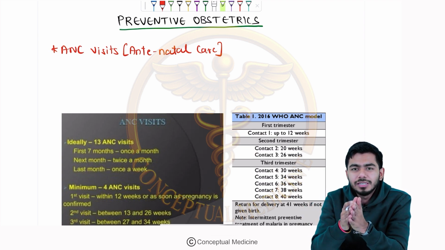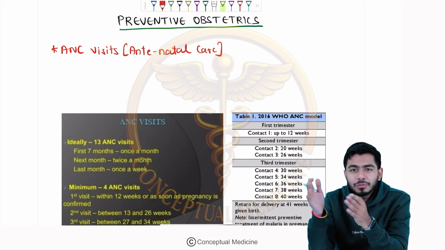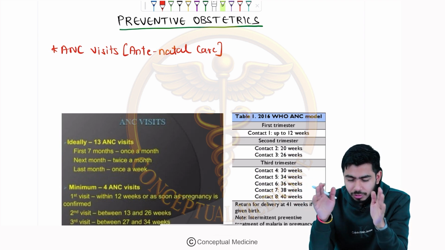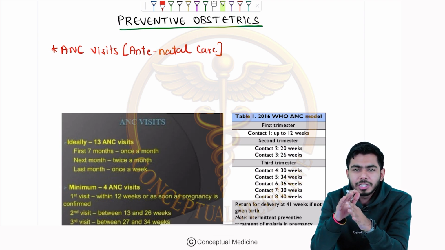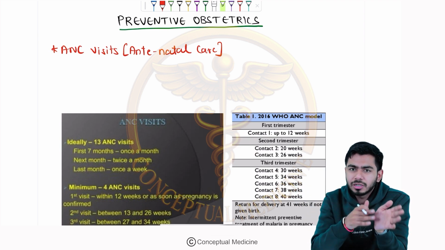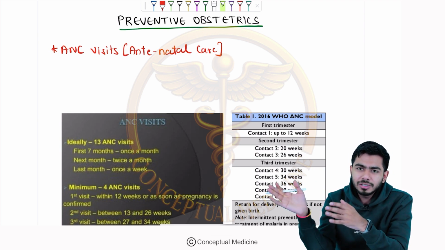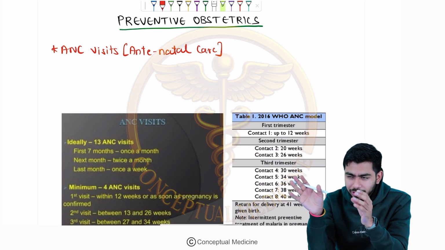Before that, they never visited the hospital. They have not had any tests before or during the pregnancy, and now directly in labor they come to the hospital. That should not happen.